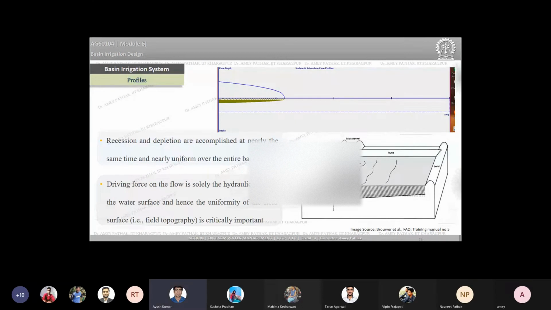Sir, we are studying river basin. Okay. I'm opening one image here so that I can explain from that.